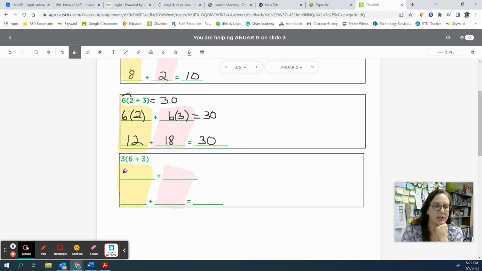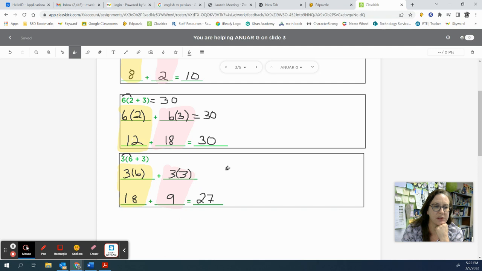All right, so our first line is doing the individual ones. So we've got 3 times 6 plus 3 times 3. 3 times 6 is 18, and 3 times 3 is 9. So altogether, we have 27.